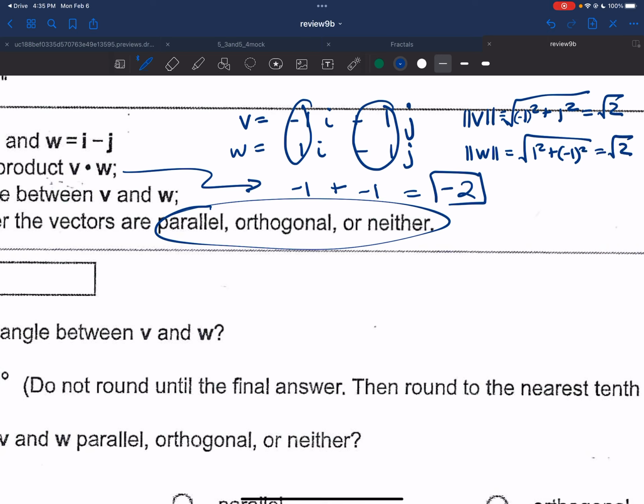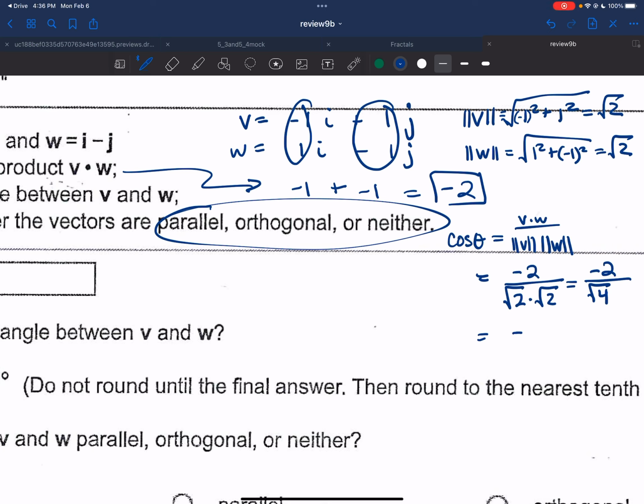So now I have the cosine of the angle equals v dot w over v times w. So that's going to be negative 2 over root 2 times root 2, which is the same as root 4. Well, we all know that the square root of 4 is going to be 2.